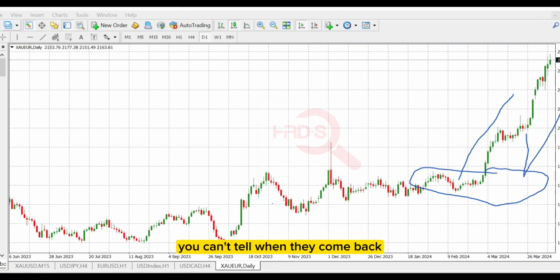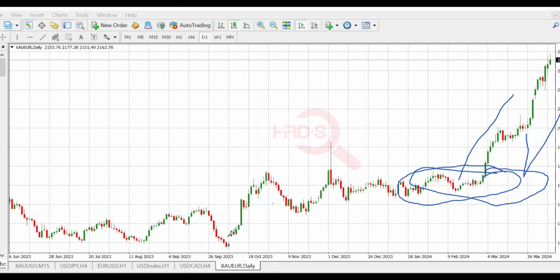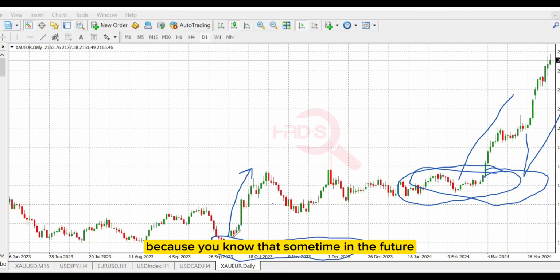You can't tell when they come back. Your own is to follow price action zone, okay? Now, we had a strong move here. So someone will be here waiting, because you know that sometime in the future they are going to return and then complete the order that they have already filled.